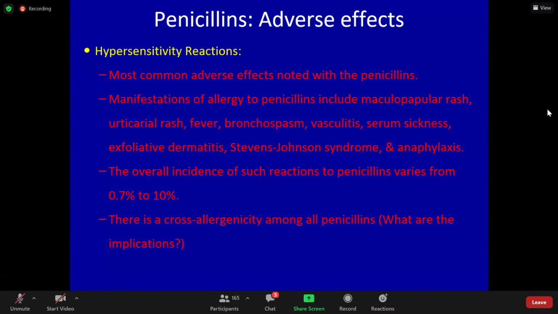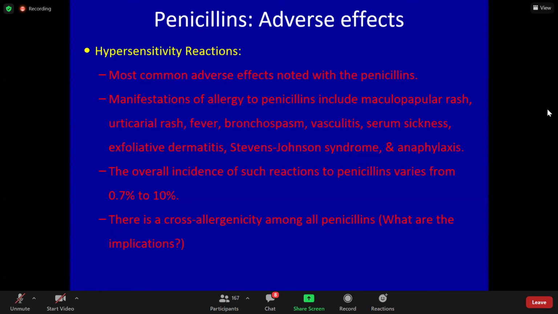If you are hypersensitive, allergic to one penicillin, Murphy's law says that you are allergic to all penicillins.